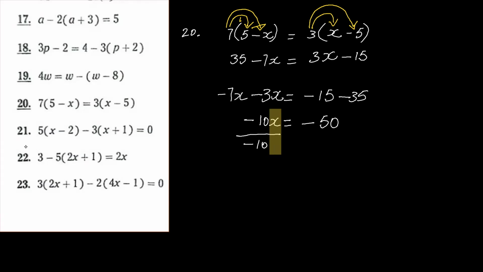So here I have negative 10 in front of the x, so it tells me that I should divide by negative 10. But whatever I do on one side, I must do on the other side. So the negative signs will cancel, 10 into 10, 1, 10 into 10, 1. So x is equal to 5.